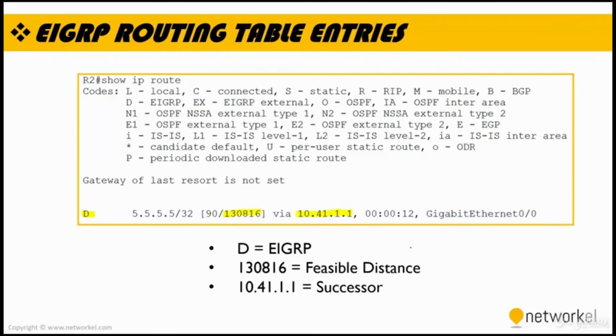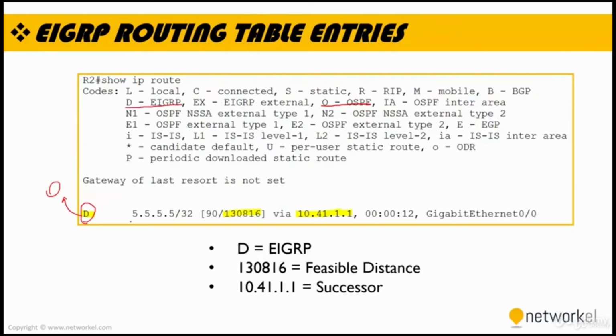And let's take a look at the EIGRP routing table entries. In OSPF, as you remember, we were seeing something like O, which means OSPF. But when we are using EIGRP, we are going to see the D entry. D means EIGRP.